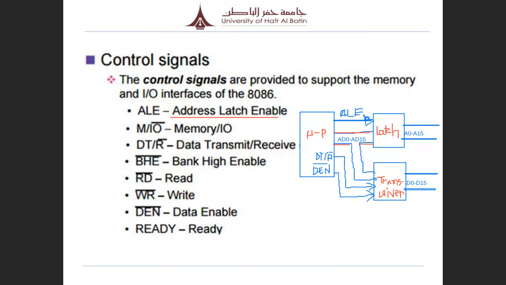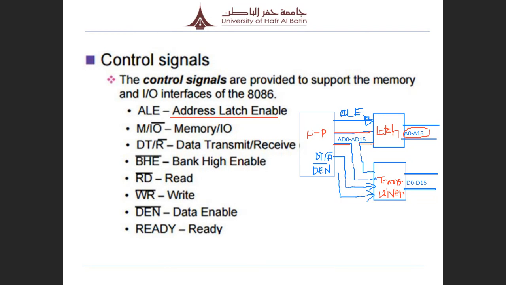As the latches are active, all the address information from the input passes through to the output. So the output of the latch is only the address, A0 to A15. At the beginning of any operation, mostly memory related or input output related, it needs the address.